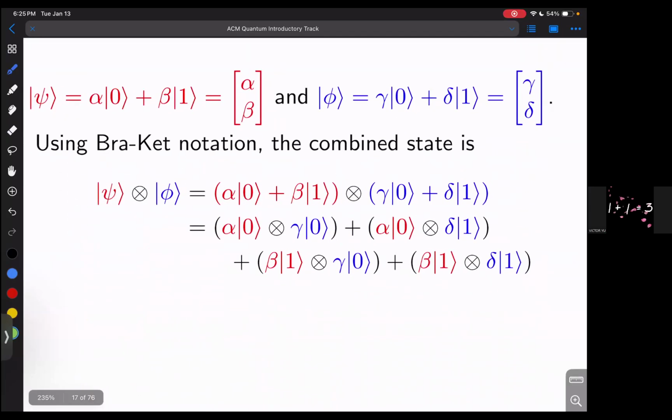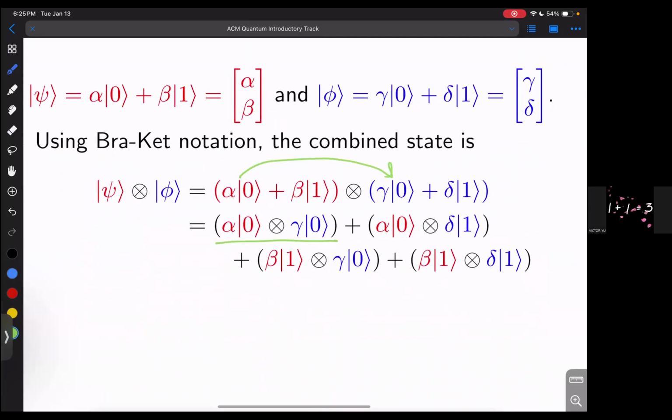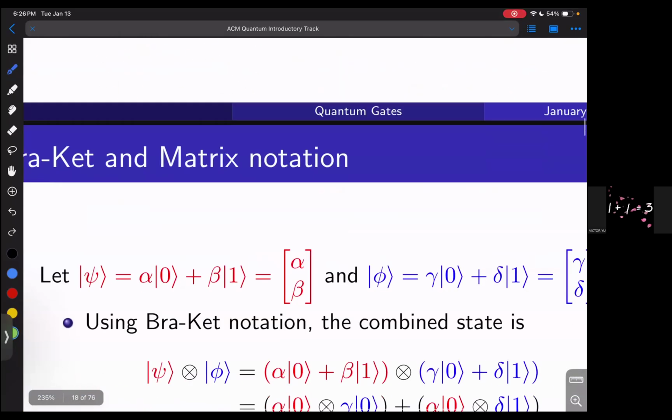The first term goes with the first, and you get this, then the first goes with the last, and you get this, then beta 1 goes with gamma 0, and you get this, and then beta 1 goes with delta 1, and you get this. Make sense, everyone?